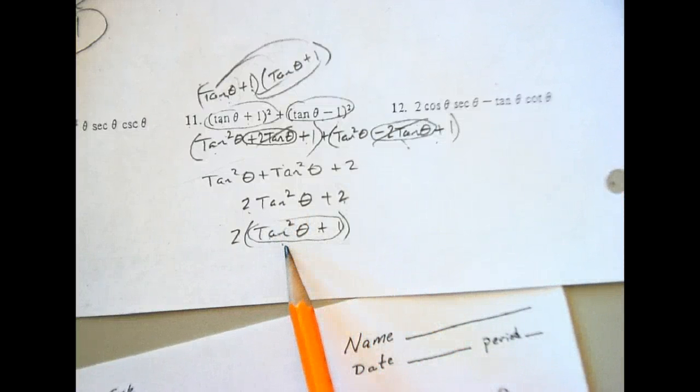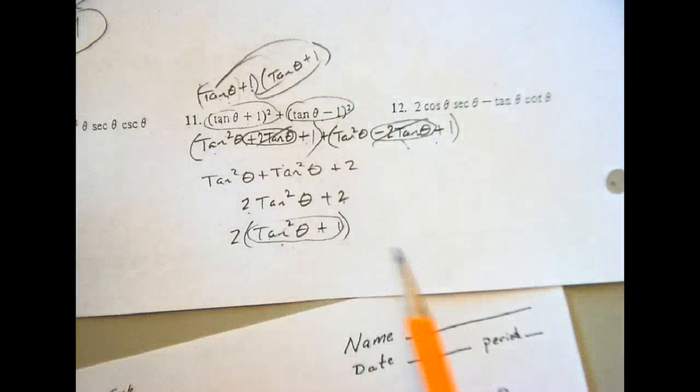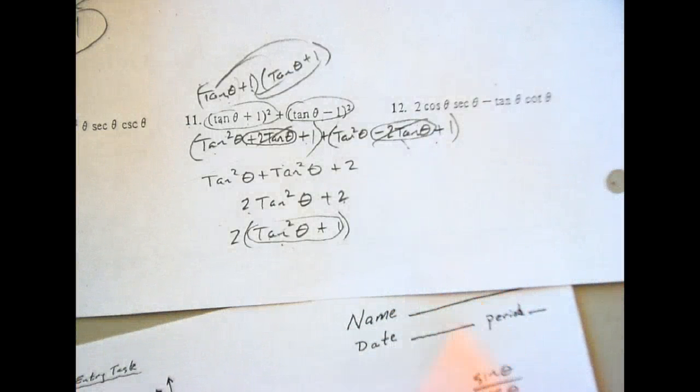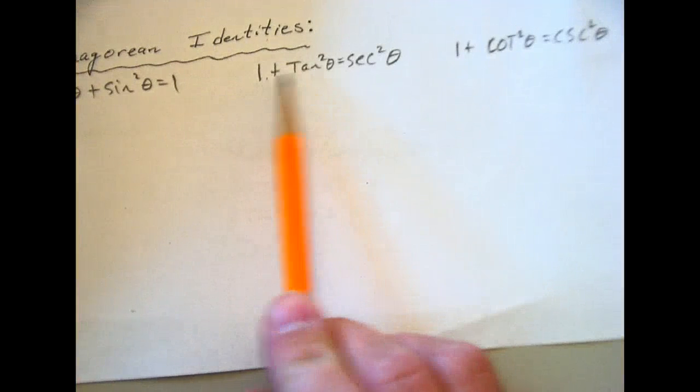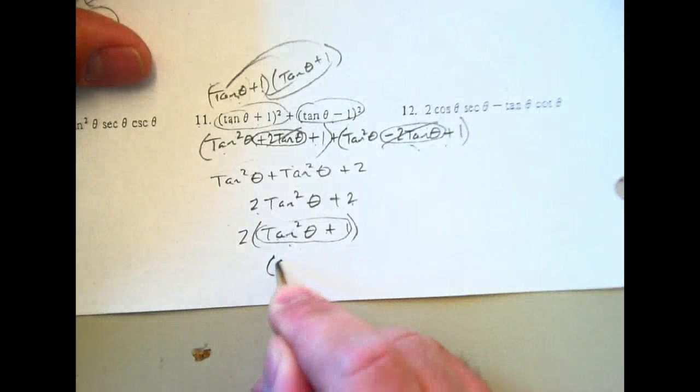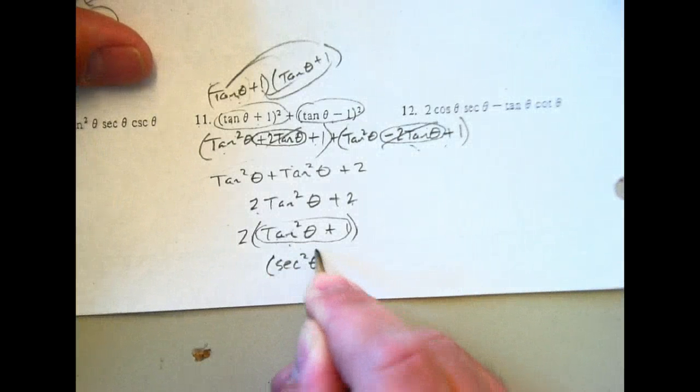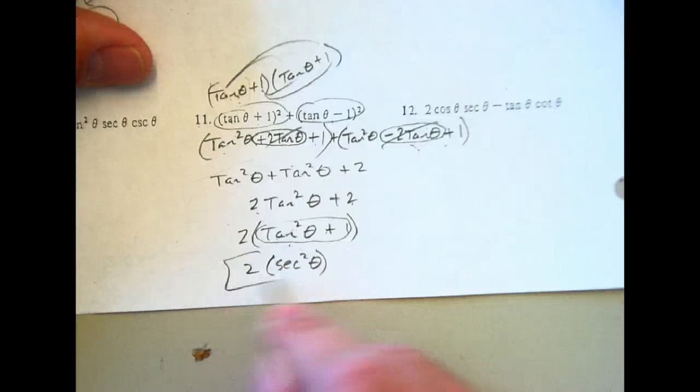If I have tan squared theta, I can plug something in for that because it goes with a Pythagorean identity. In this case, 1 plus tan squared theta is secant squared. So this part becomes secant squared theta times 2.